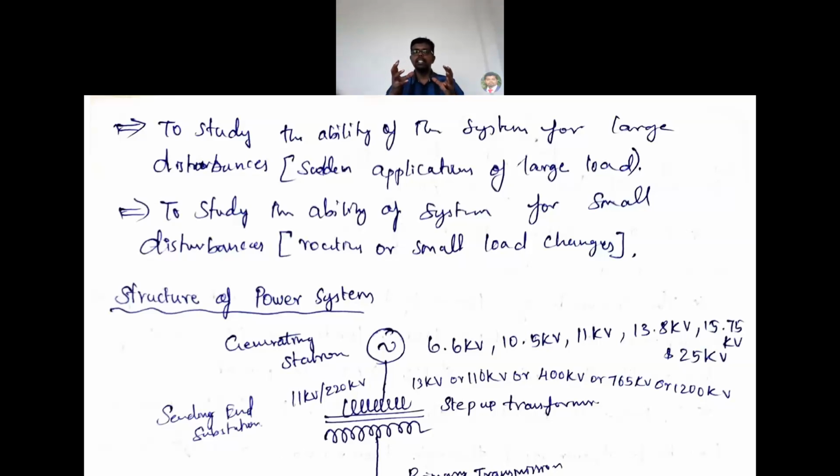To study the ability of the system under large disturbances as well as small disturbances, you need to analyze well. Then it will be easy for you to manage those disturbances or faults or any load inclusion or exclusion, anything you need to withstand in our power system.